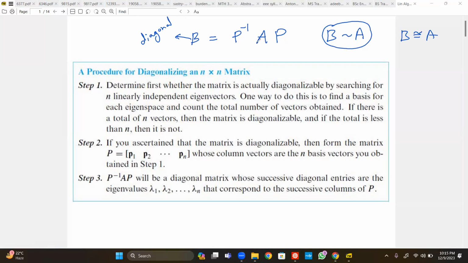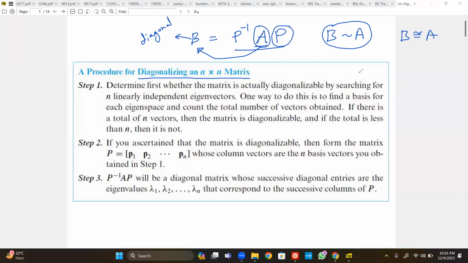In such case, we can safely say that A is similar to a diagonal matrix. If A is similar to a diagonal matrix, we say that A is diagonalizable. And by diagonalization of a matrix, we mean that for a square matrix A, we search for a matrix P so that P inverse AP becomes a diagonal matrix.